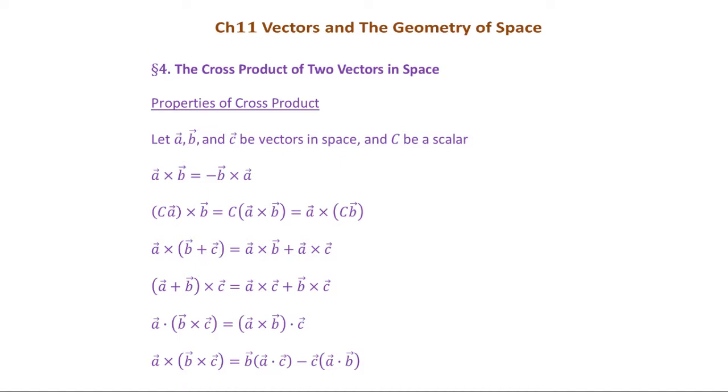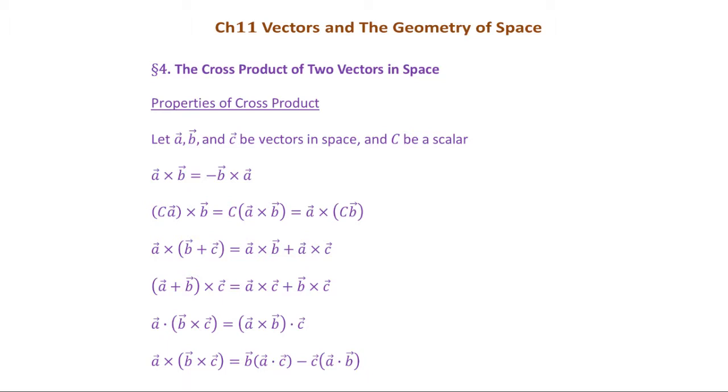Then you can take the cross product between A and that vector, and you're going to get another vector. And it turns out this double cross product is equal to B times A dot C minus C times A dot B.